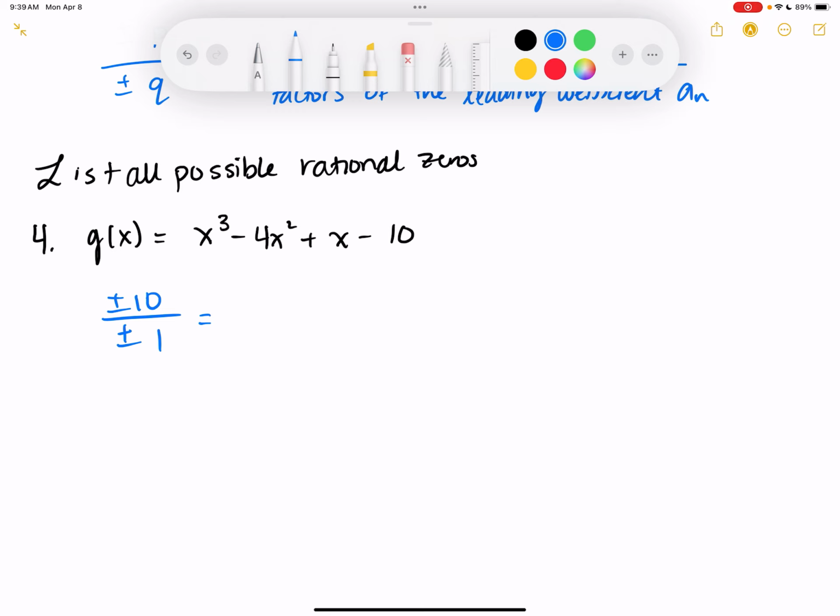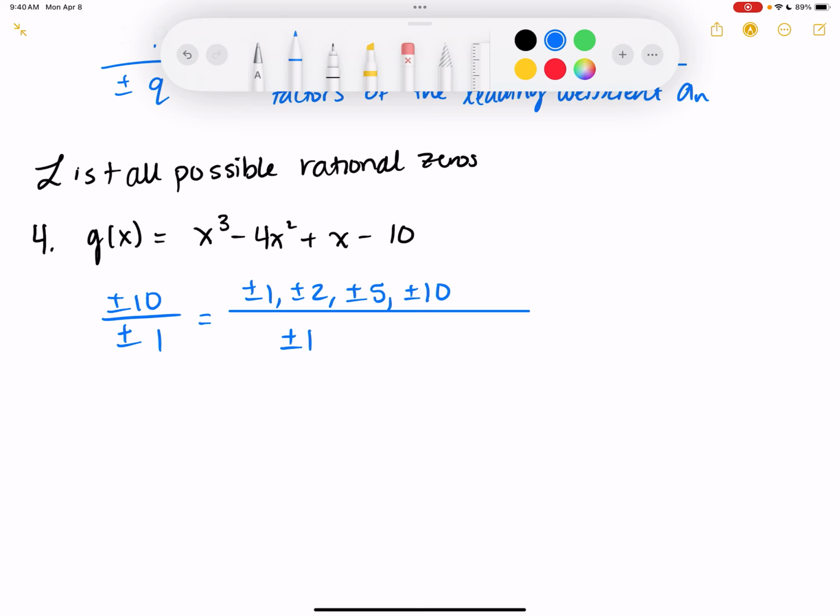And so the way that you do this, okay, is we set up like a little fraction bar. So I need factors of 10, okay, so plus or minus 1, plus or minus 2, plus or minus 5, and plus or minus 10. So those would be the factors of that. And then on the bottom, it's just 1 in this case, so plus or minus 1.